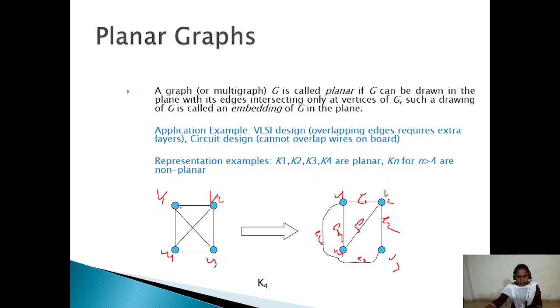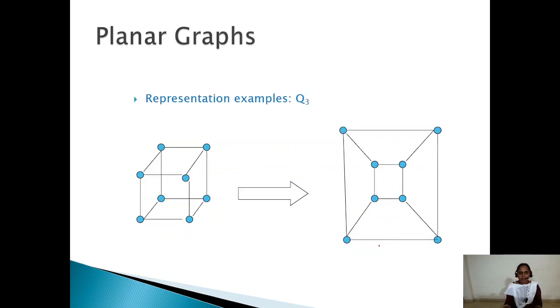Here the crossing edge is rectified this way. So this is converted to a planar graph. Planar graph means a graph without any crossing edges. K1, K2, K3, K4 are planar graphs. Kn for n greater than 4 are non-planar graphs.